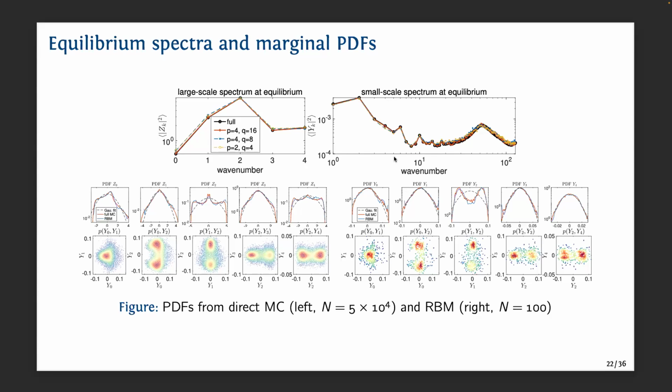But in the random batch approach, we just take 100 samples, and the PDF structure is also captured in this case. So this is still just a preliminary test, but we think it's promising. So it could serve as a first forecast step for the statistical forecast. So that's the first step.